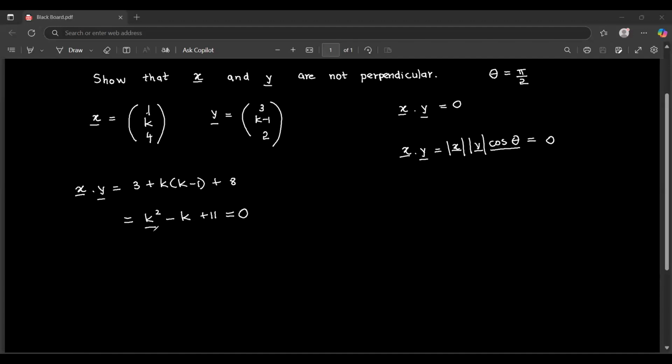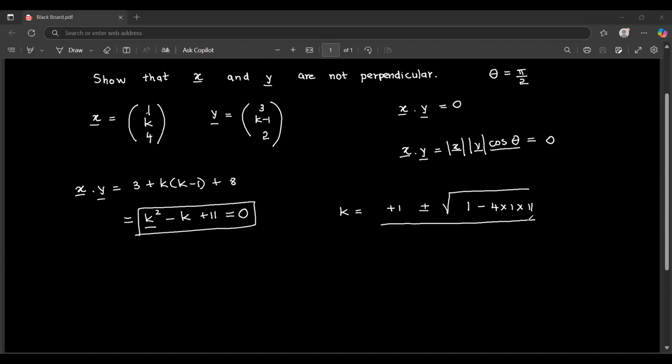Well, let's check that. According to this equation, k will be equal to 1 plus or minus the square root of 1 minus 4 into 1 into 11, over 2 into 1. So that will be equal to 1 plus or minus the square root of minus 43, over 2.